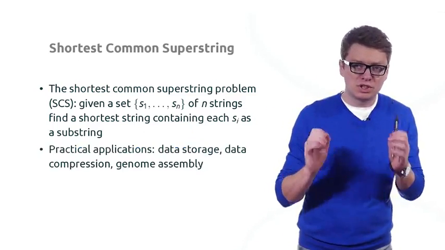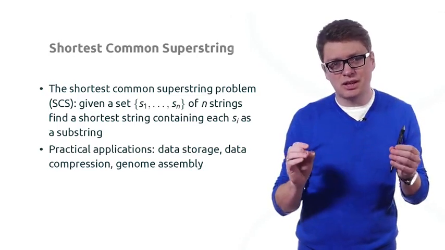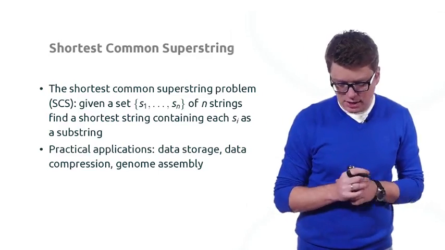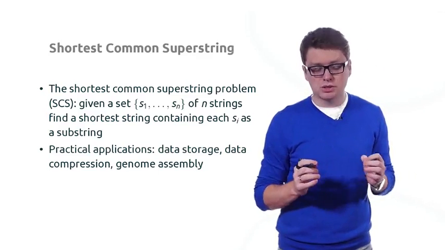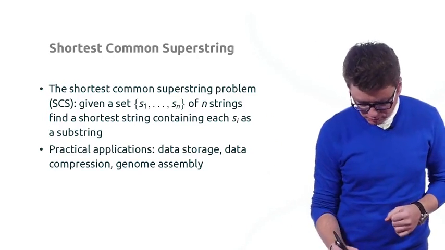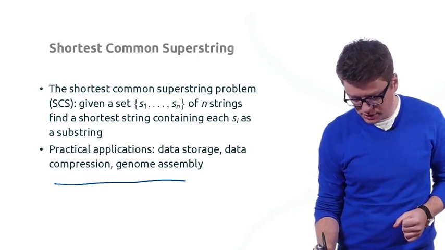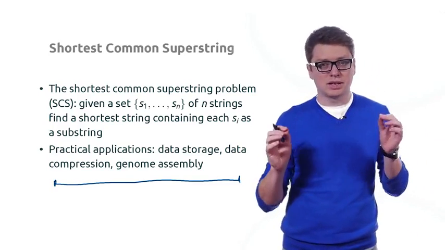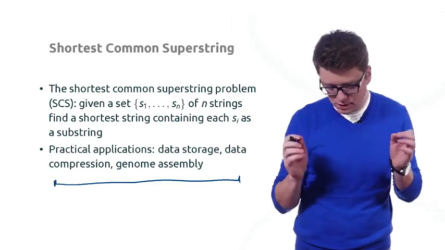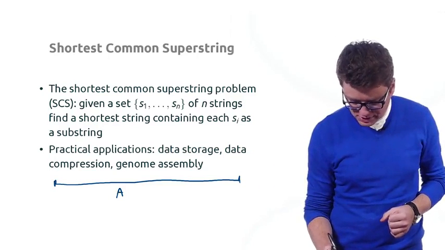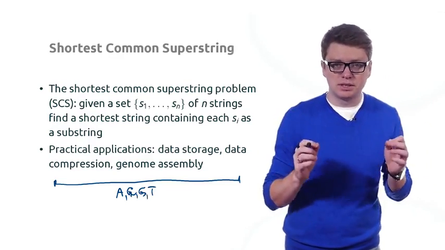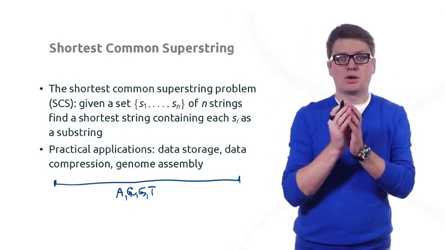So what we've just shown is that there is a natural application in data storage and data compression. But another famous application of the shortest common superstring problem is genome assembly that we discussed already. Recall that a genome is just a very long string, like millions or billions of symbols over the alphabet ACGT. The current sequencing technologies do not allow us to read the whole genome.